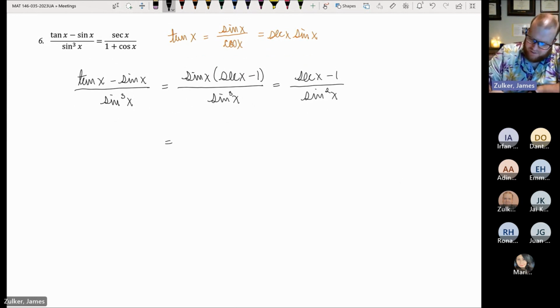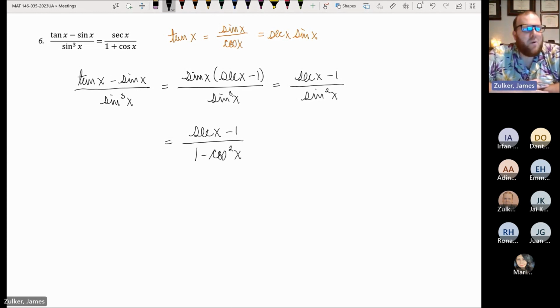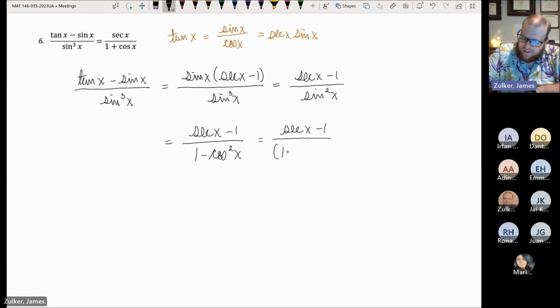Sine squared. One minus cosine squared. Now 1 minus cosine squared. Difference of squares.